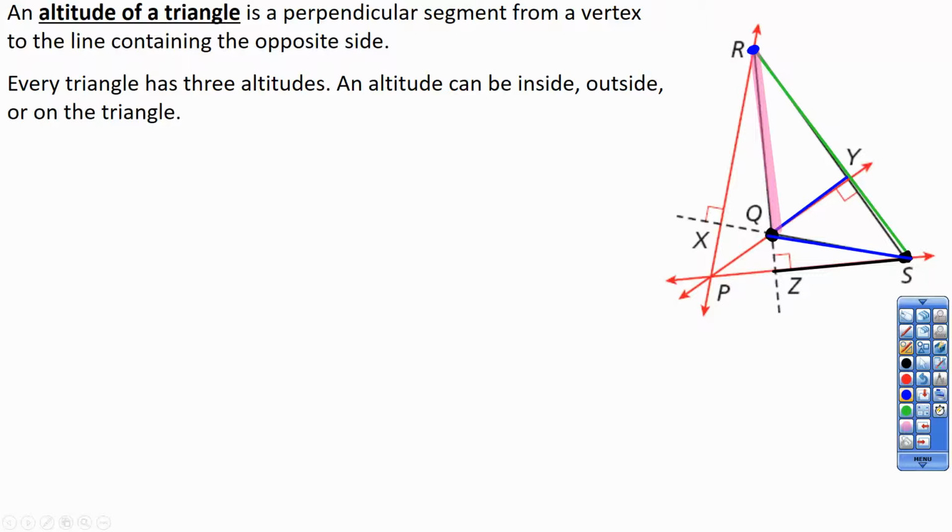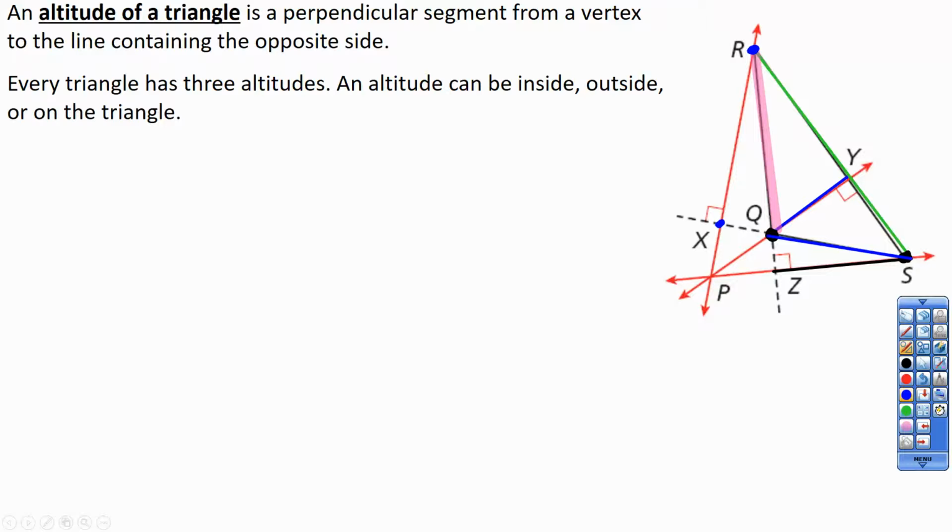We follow QS until we get to here, and at this point is where that perpendicular line passes through QS and R, and that gives us the altitude XR for base QS. So altitude is the height of the triangle for a given base.